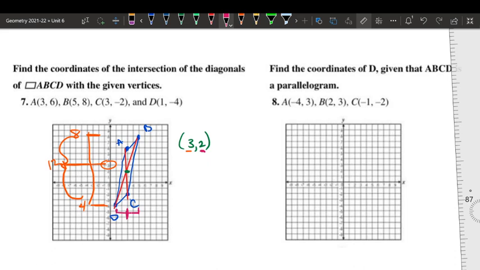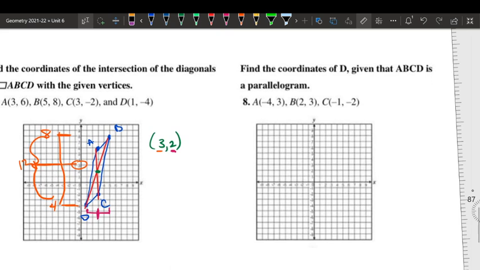And then the last one is a question. Every time I've taught geometry, it's been on the test. It's really a fairly simple question if you're aware of it beforehand. So I would put a star on it. It says find the coordinates of D for a parallelogram ABCD.